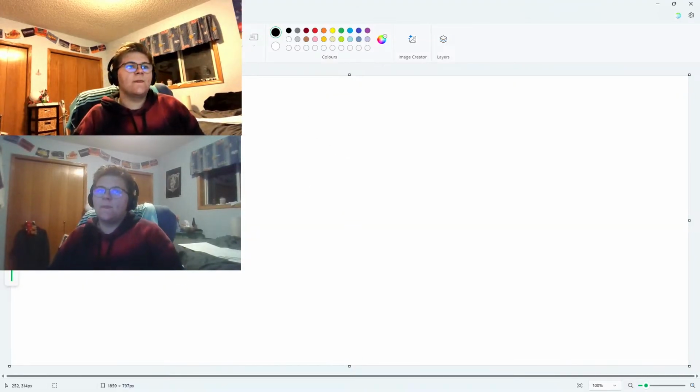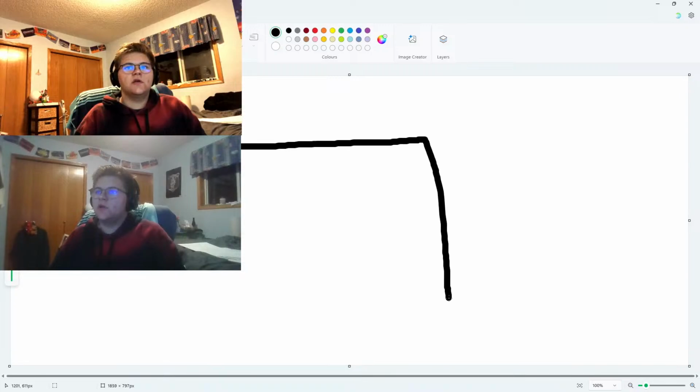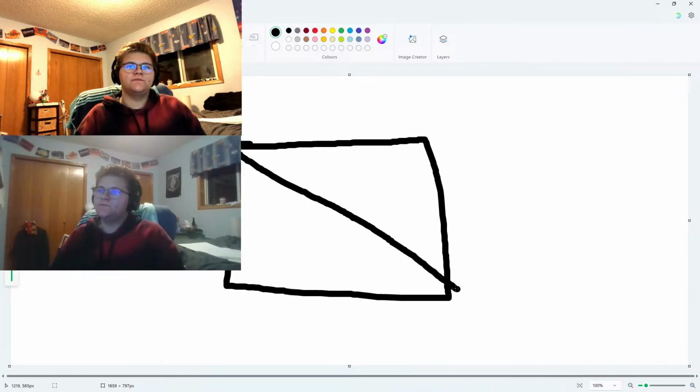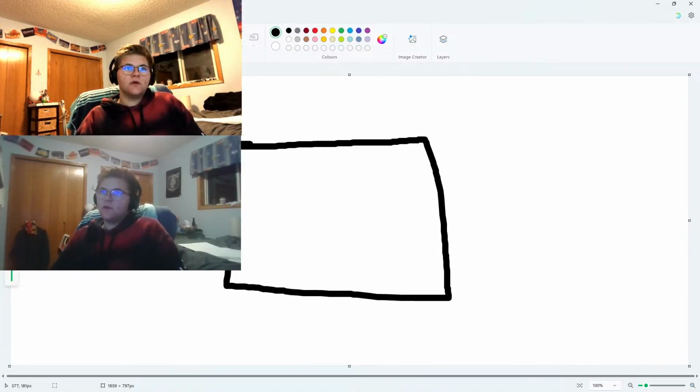This is kind of weird, but. So you got your square, right? You divide this square in half. So you're left with two triangles.